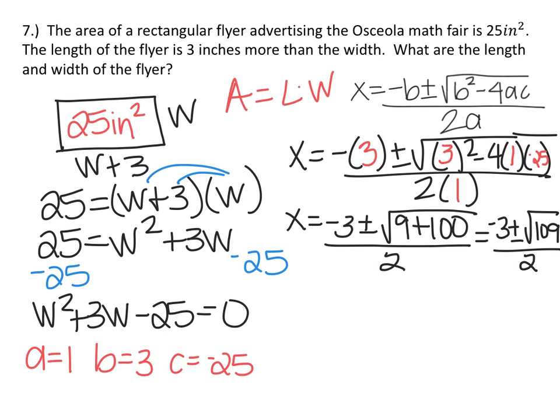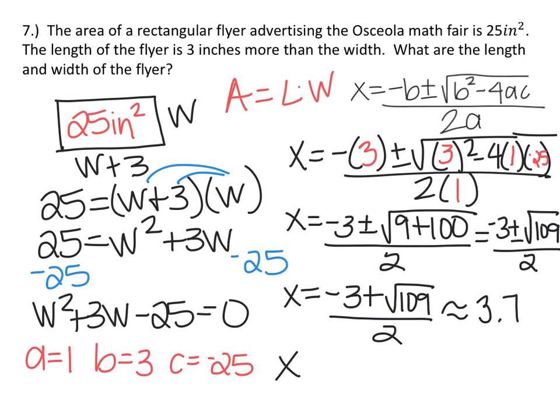Now we're going to have two different answers, and we can put this into the calculator, but we'll put them in separately. So x equals negative 3 plus the square root of 109. You can put that in the calculator, get an answer, and then divide it by 2. And that's going to give us approximately 3.7.